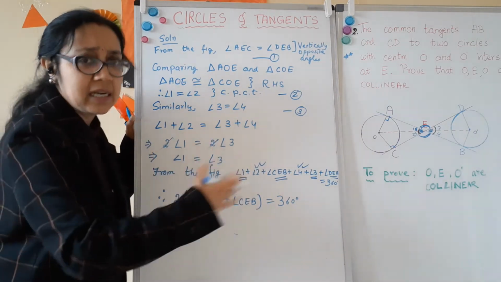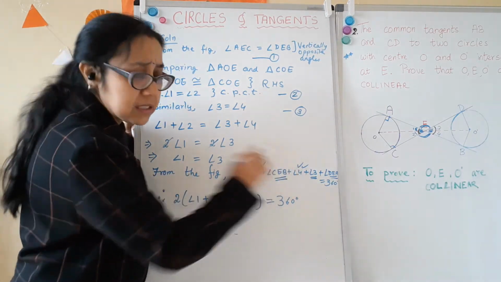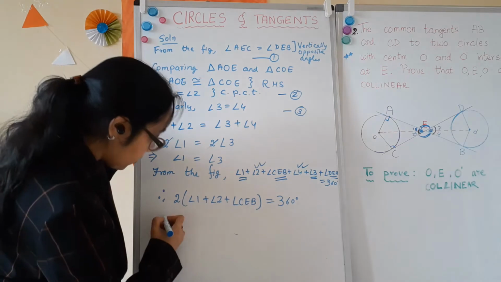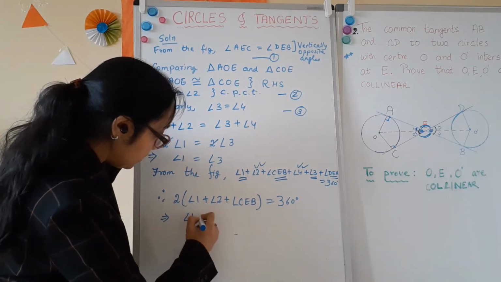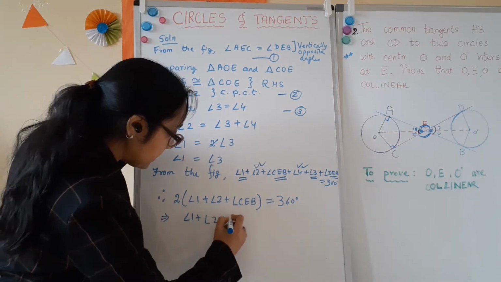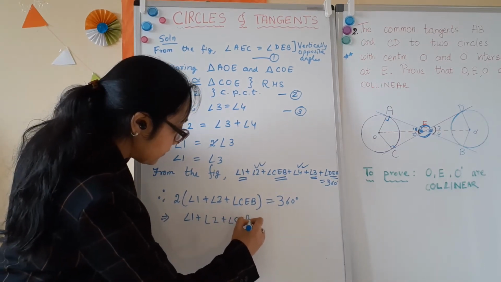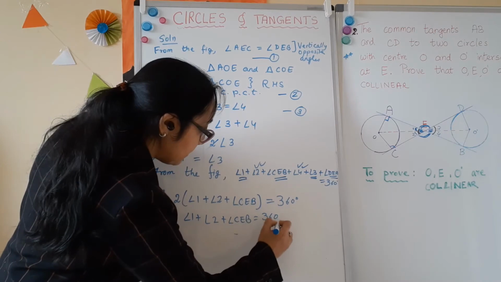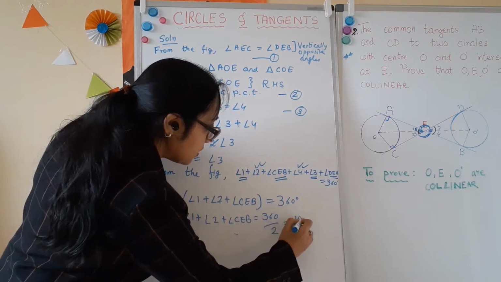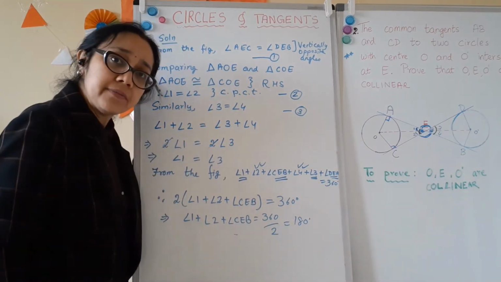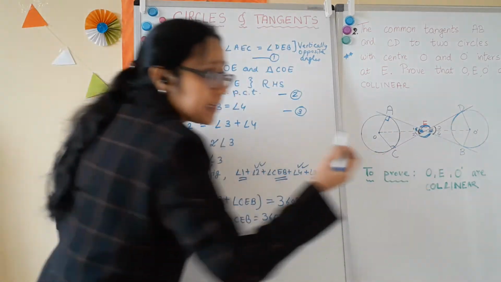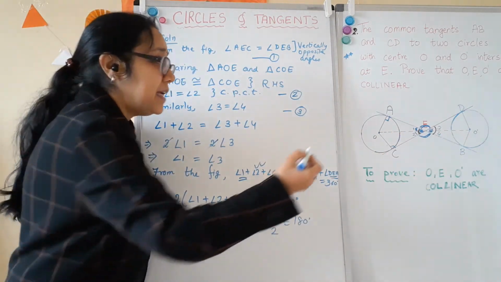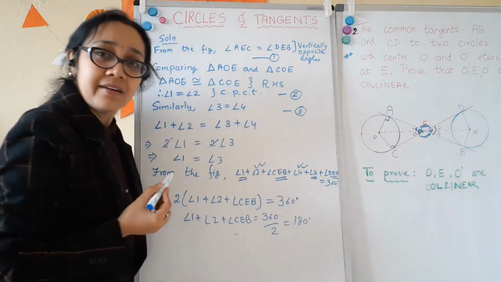We are just minimizing the terms because we know that angle 1 is equal to angle 3 and so on. So angle 1 plus angle 2 plus angle CEB will be equal to 360 by 2, that is 180 degrees. And if this is 180 degrees, what can you conclude? That means this is a straight line, isn't it?